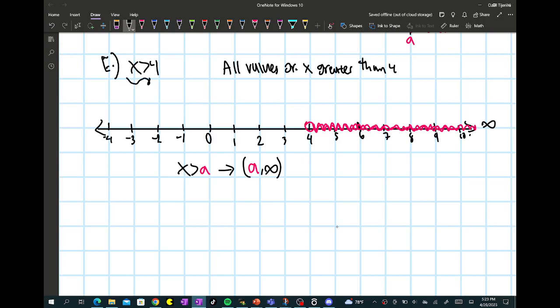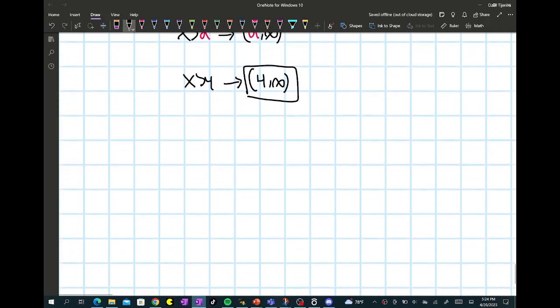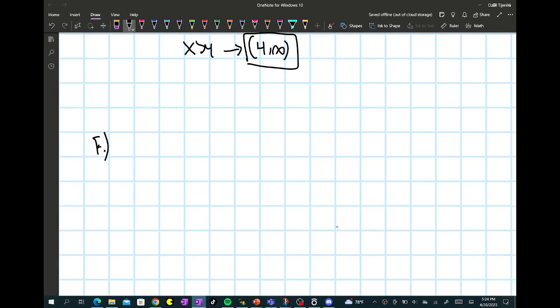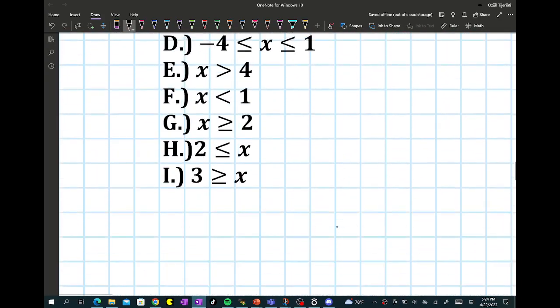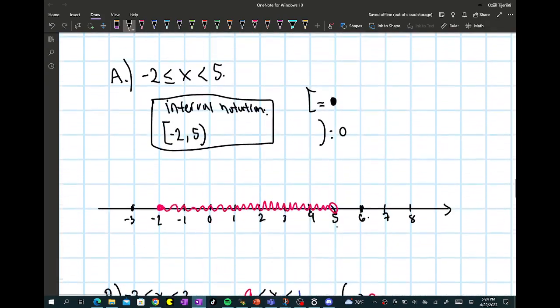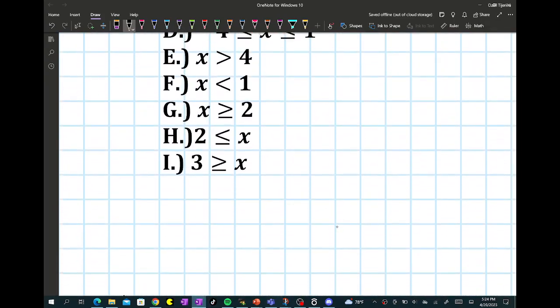So here, x greater than 4 would then become parentheses 4 comma infinity. This would be my answer in interval notation, and this is how you would graph it. Okay? Okay, so part F. Now part F says x is less than 1. Let me make sure. x is less than 1. Okay.